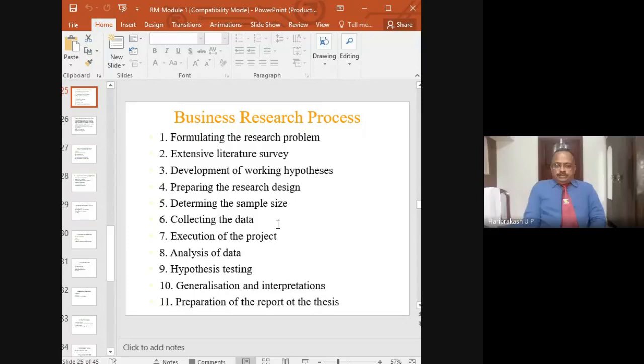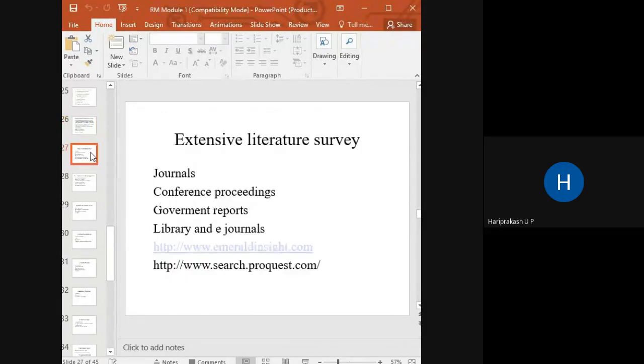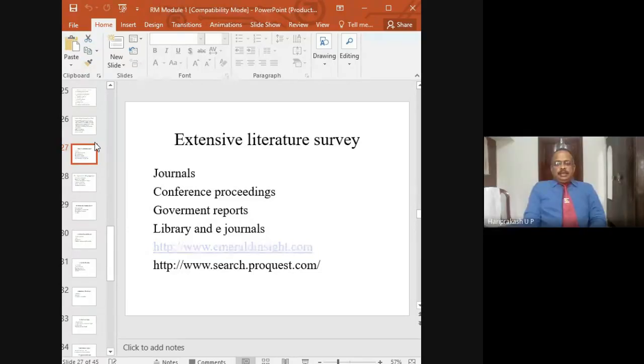We have discussed the first and second step, is it not? Formulating the research problem, and then we have discussed the extensive literature survey. I have also discussed how to do the literature survey using Google Scholar.